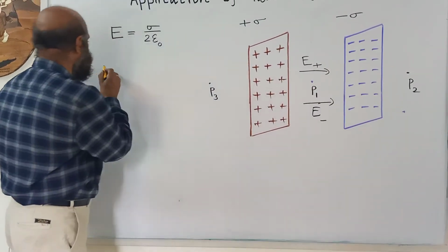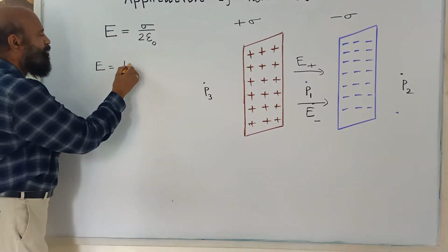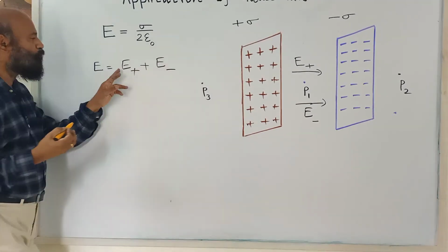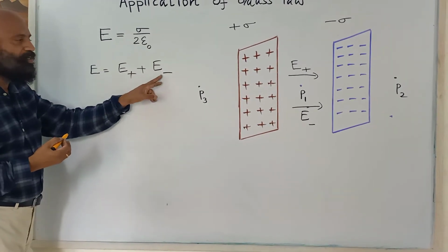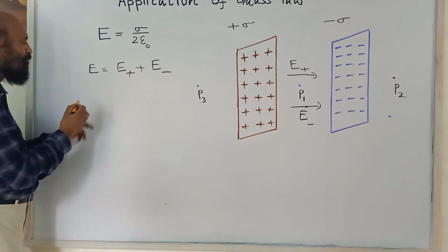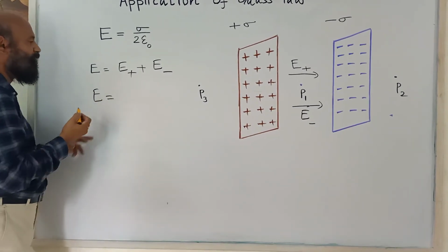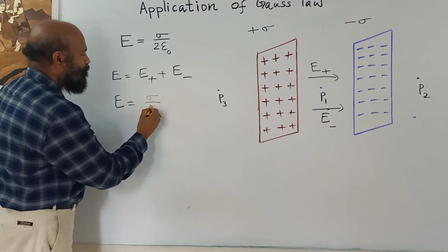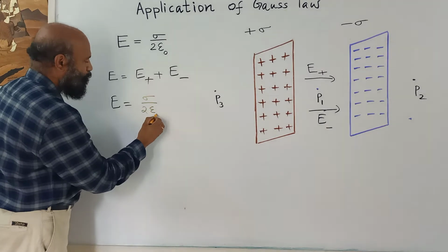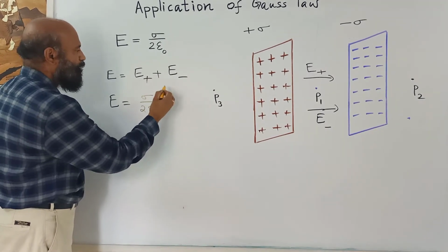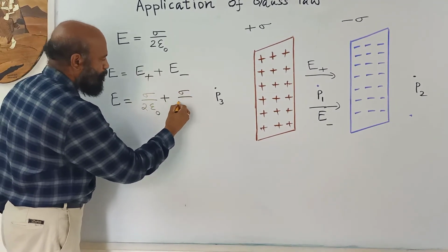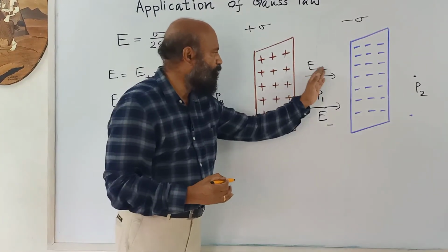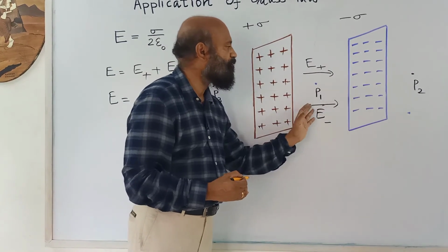So both are in the same direction. So total intensity E can be E due to the positive charge plus E due to the negative charge. Due to the positive charge, sigma divided by 2 epsilon 0. Due to the negative charge also the same magnitude, only the direction differs: here directed away or outward, here towards.